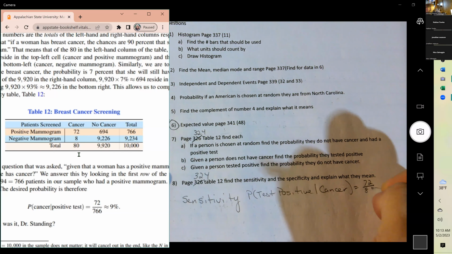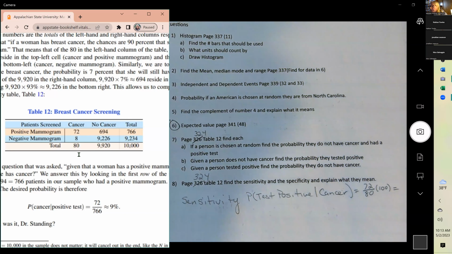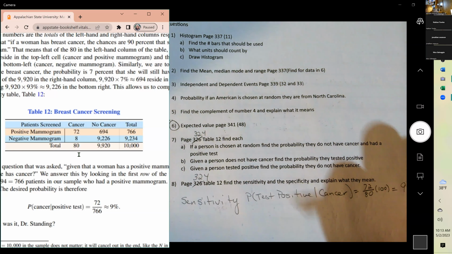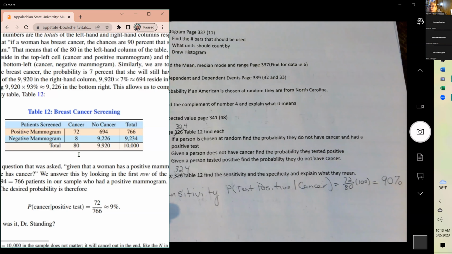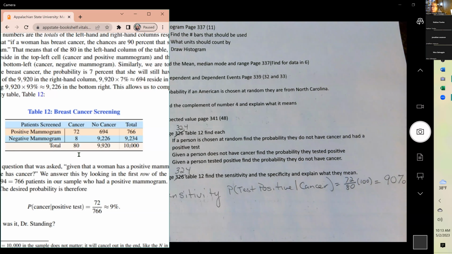You want it written as a percent. So we need to divide and multiply by 100. So sensitivity is 90%.